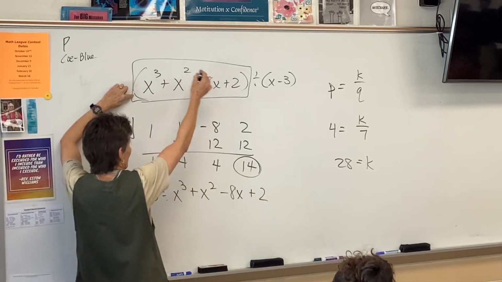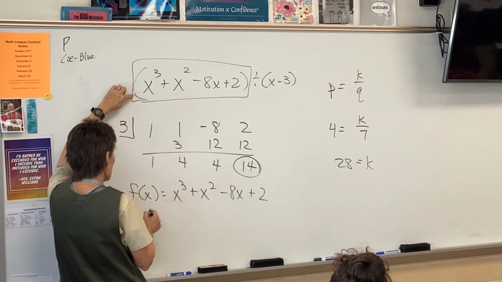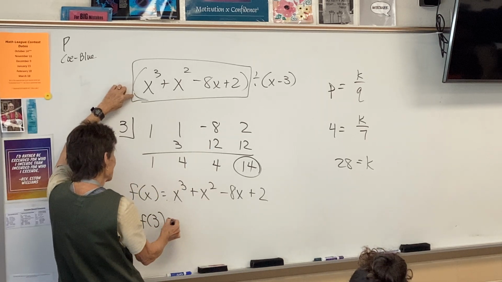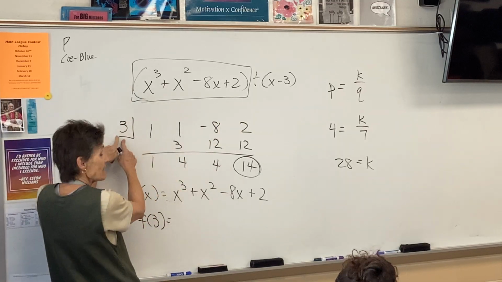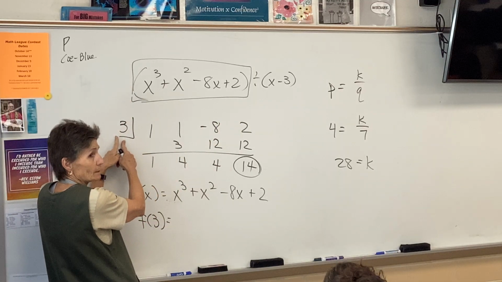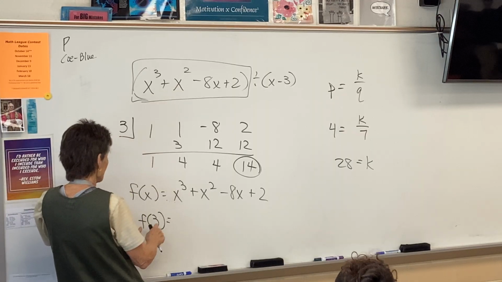Whatever you're dividing, think of it as a function, and then plug in the same number that you divided by. I divided by 3, so I'm going to plug in 3.